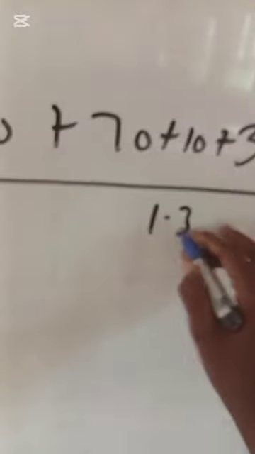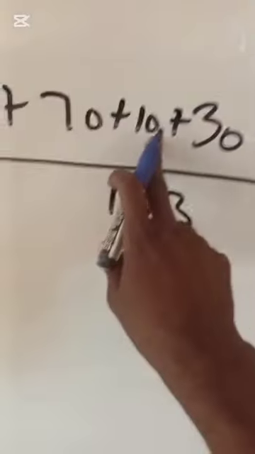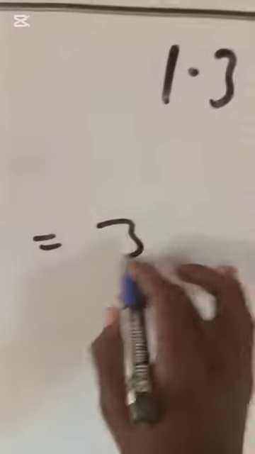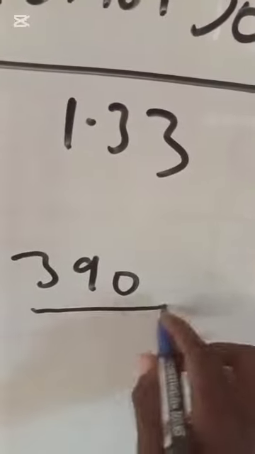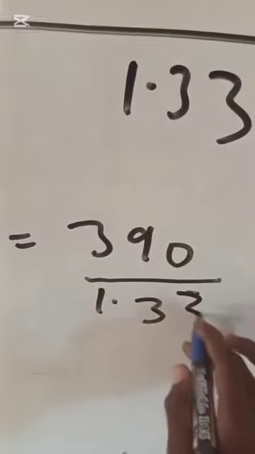The cycle time is 1.33. If we add this, 90 plus 30 is 120, plus 70 is 190, plus 10 is 200, 230, 290, 390. So this becomes 390.